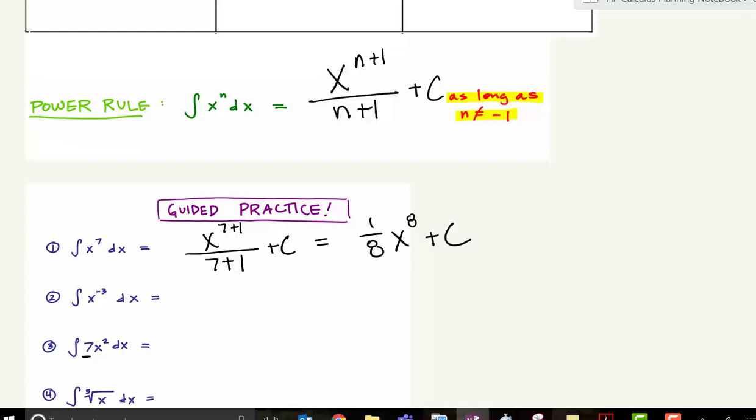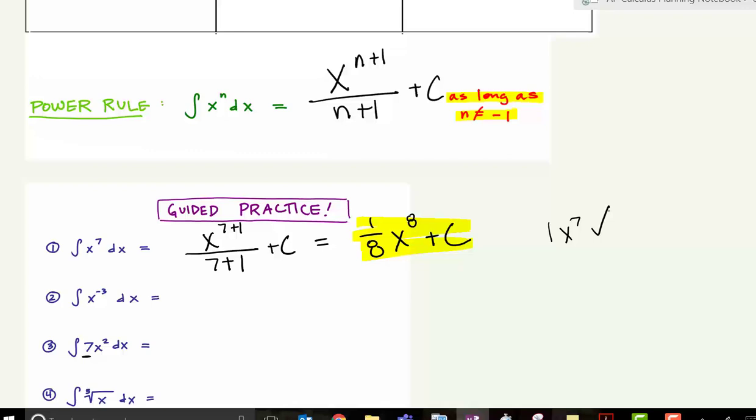Remember, you can always double check, right? So we're saying, okay, let's differentiate this guy. 8 times 1/8 is 1. Then the derivative of a constant is 0. Take that down. So x to the 7th, good to go.